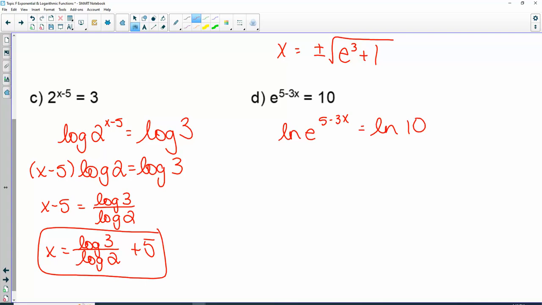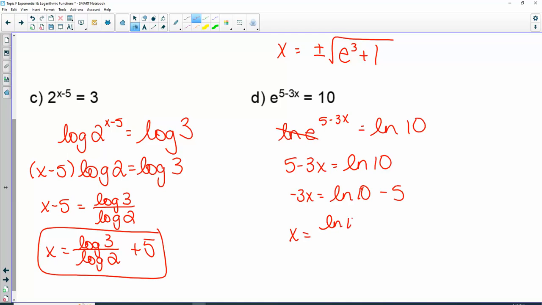Those cancel because log base e of e drops. So I can subtract over my 5 and divide by -3. You can certainly get a decimal.